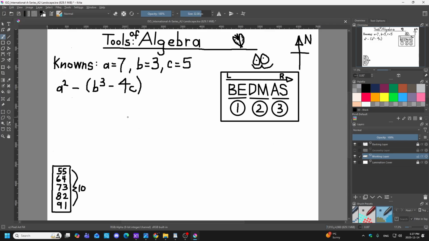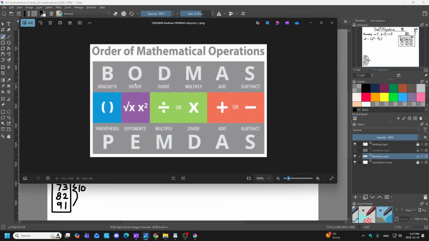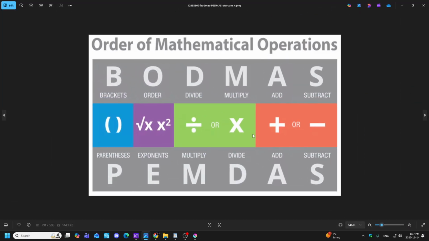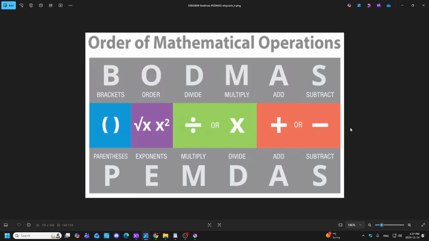So let's have a quick look at this. First, I will share this. Order of mathematical operations: parentheses or brackets. Occasionally you'll have square brackets. We don't have any square roots we're working with right now, so don't worry about that.